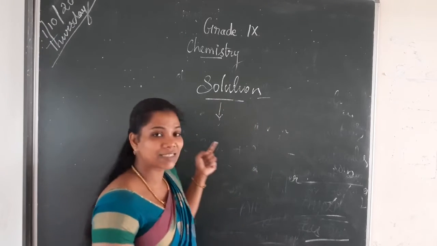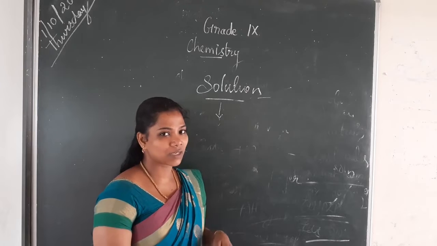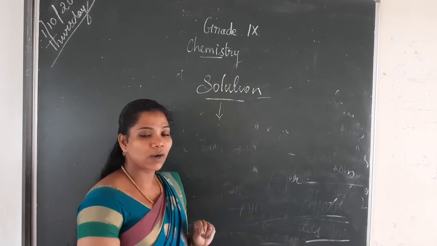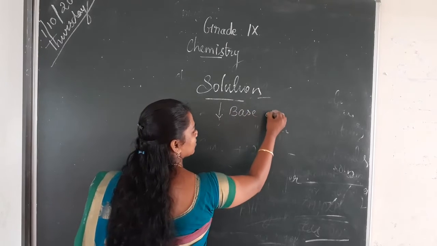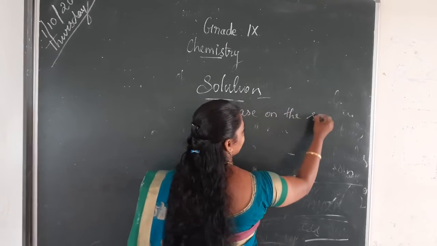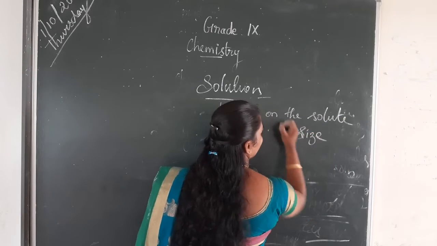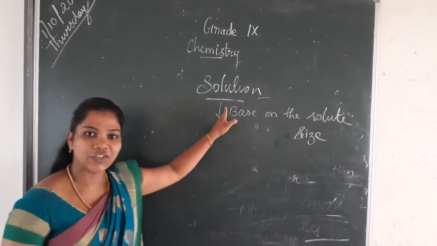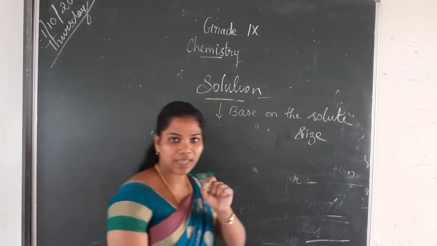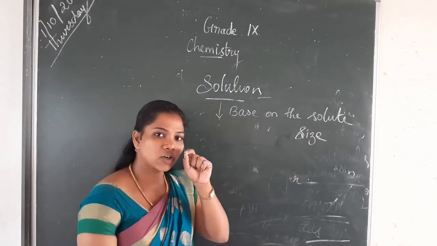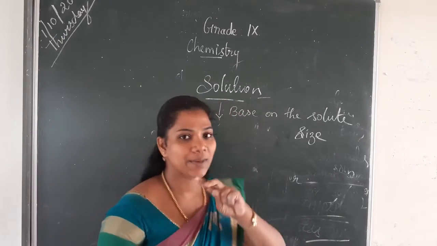When you go to the 10th standard, you will study the other classifications briefly. Here we are going to see only one type, that is based on the size of the solute. Based on the size of the solute, we can classify solutions into 3 major categories.